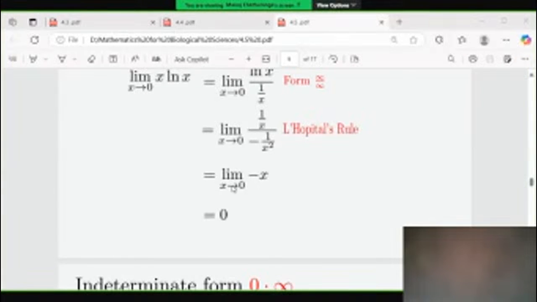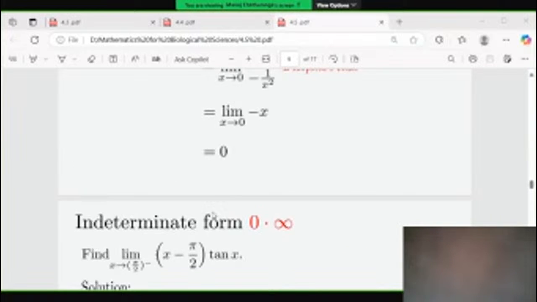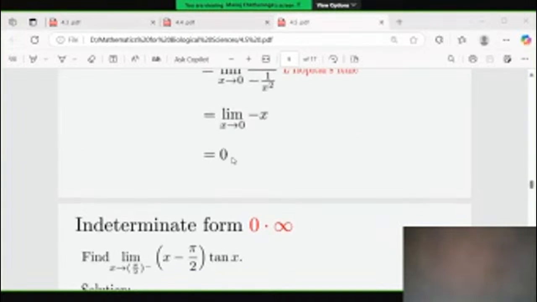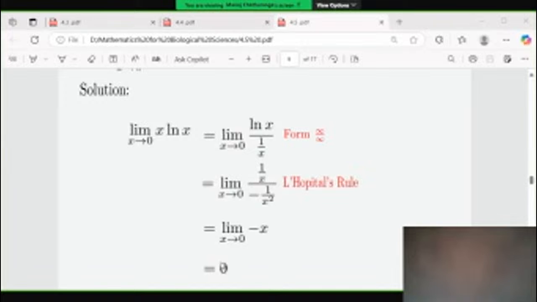As x goes to 0, minus x goes to 0. So the actual limit is 0. 0 is a genuine, finite, nice real number, so this is your answer. As x goes to 0, the function goes to 0.